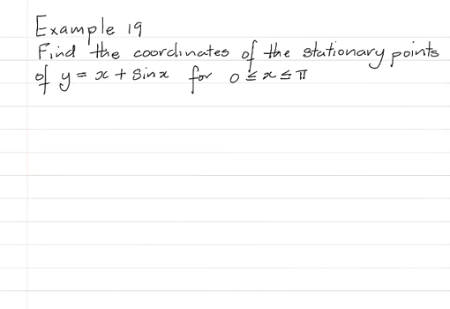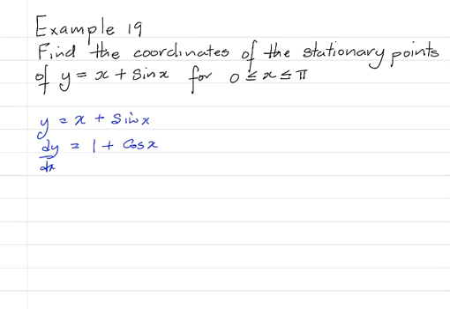Example 19 says, find the coordinates of the stationary point. So all we have to do is find the coordinates. We don't have to classify it. We have y is equal to x plus sine x. dy by dx: if you differentiate x, you get 1. Differentiate sine, you get cos.